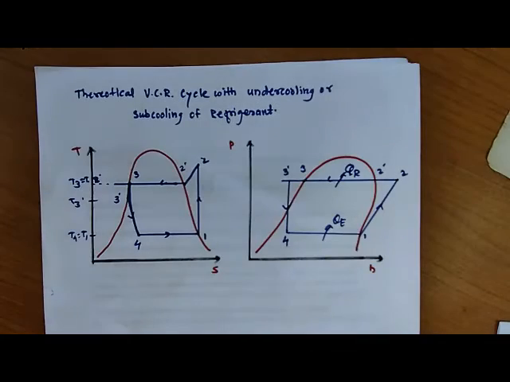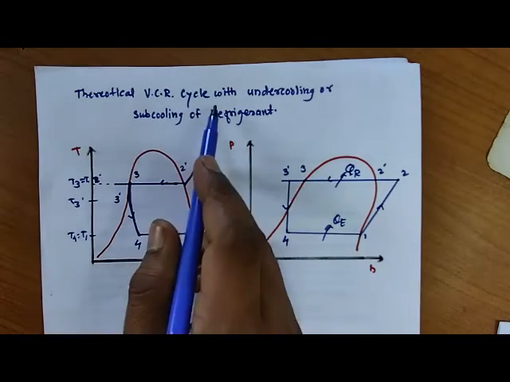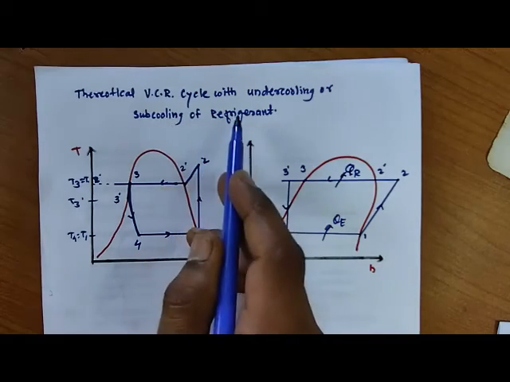Okay, so now the last type is the theoretical VCR cycle with undercooling or subcooling of refrigerant.